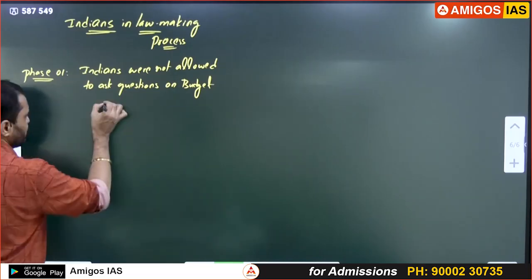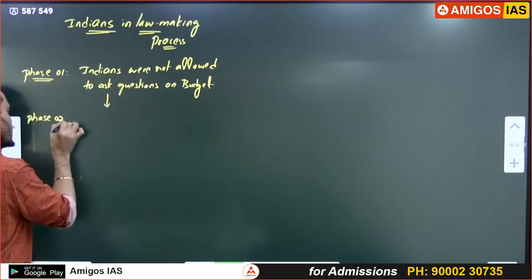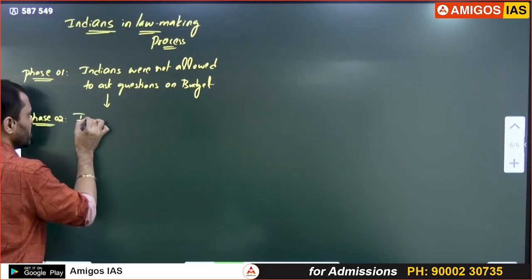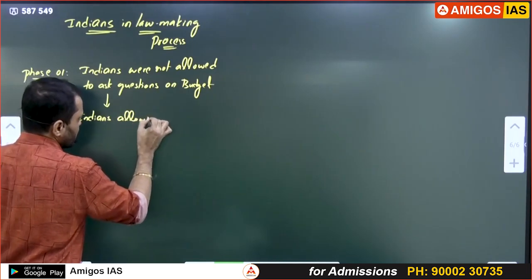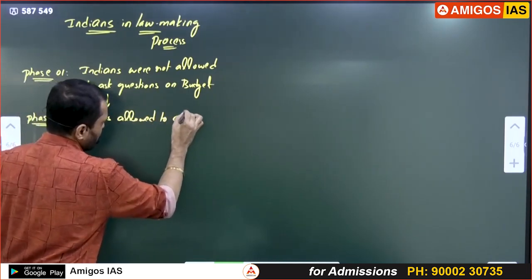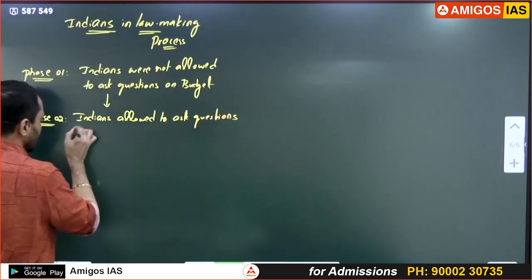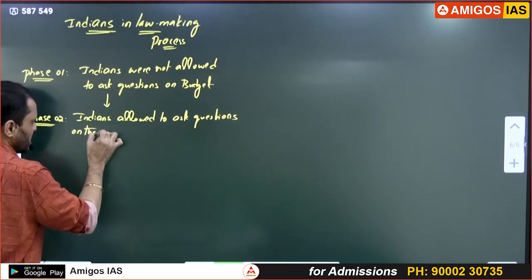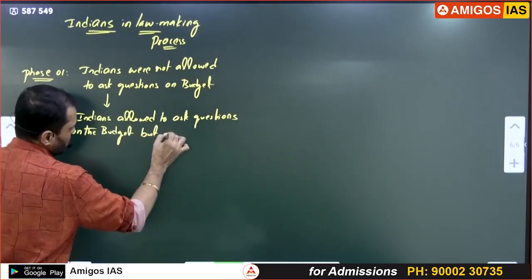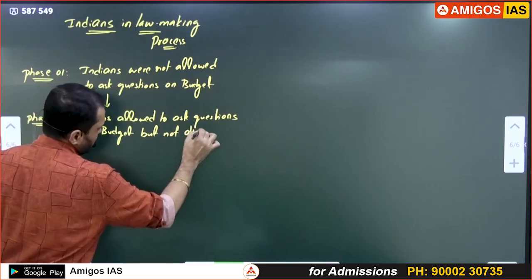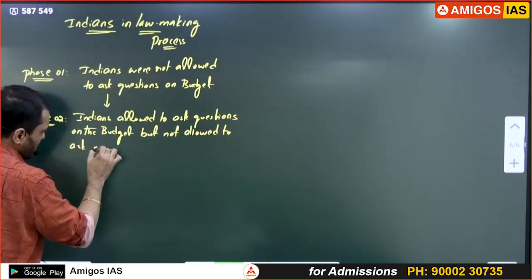Later, in the second phase, Indians were allowed to ask questions on the budget, fine, but not allowed to ask supplementary questions.